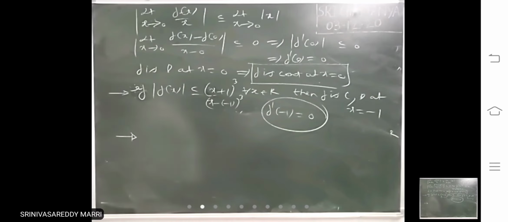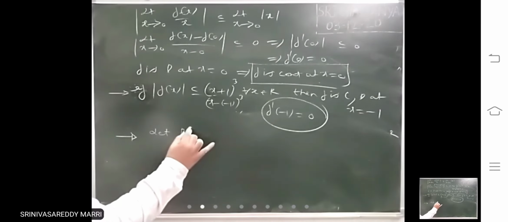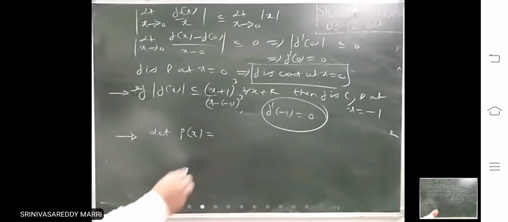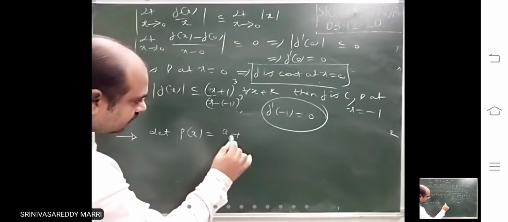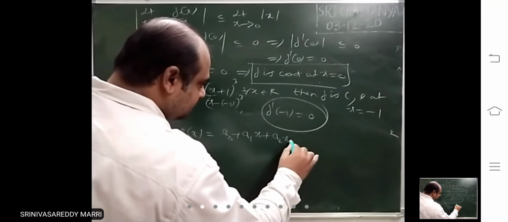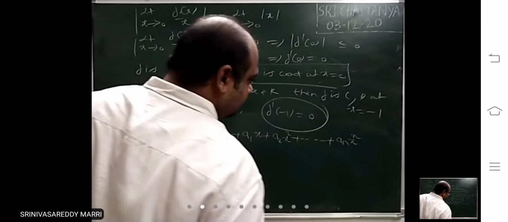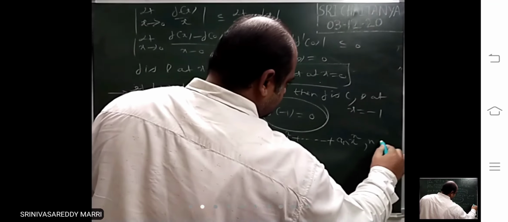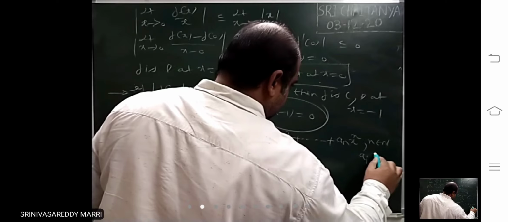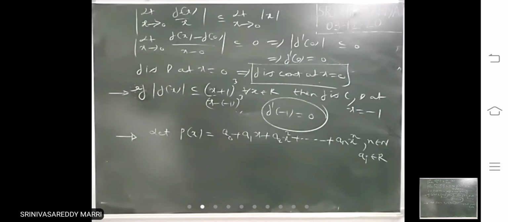Next, an application of this model. P(x) is a polynomial, P(x) equals a0 plus a1 x plus a2 x squared and so on up to an x to the power n, where the ai are real numbers, a0, a1, a2, up to an, and n is a natural number.